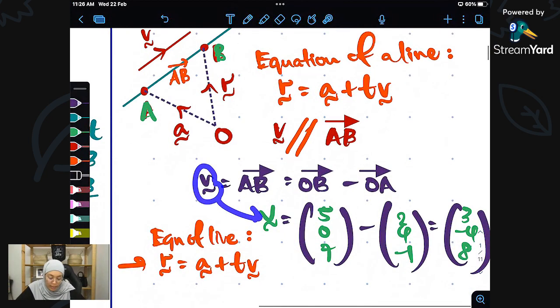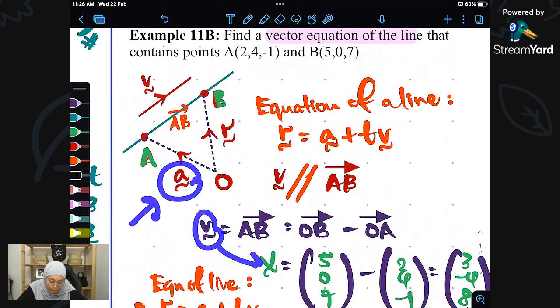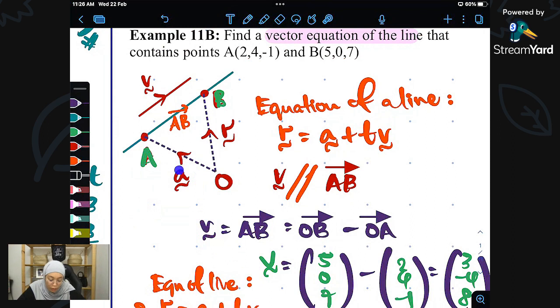We need one position vector, and the closest one is the A vector. We start with the A vector. That's why we choose the exact position vector, which is the A vector.